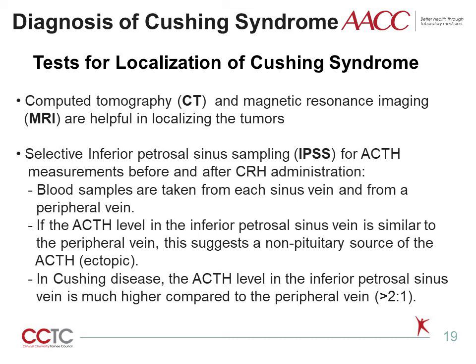If the ACTH level in the inferior petrosal sinus vein is similar to the peripheral vein, this suggests a non-pituitary source of the ACTH. In Cushing disease, the ACTH level in the inferior petrosal sinus vein is much higher compared to the peripheral vein, usually at least 2 times higher.